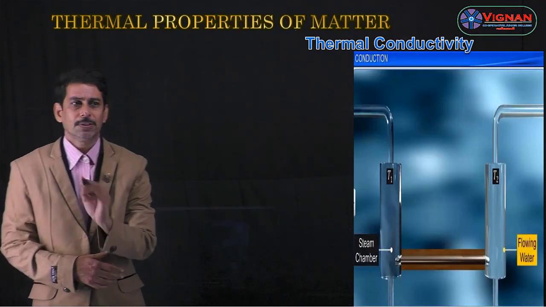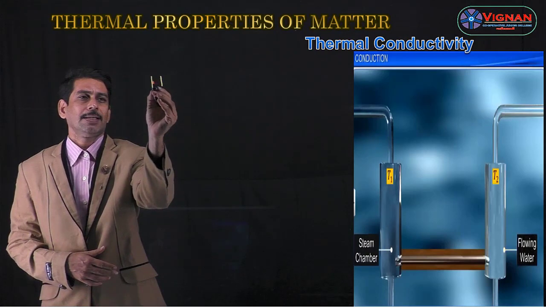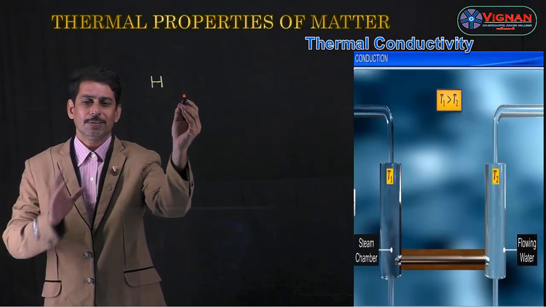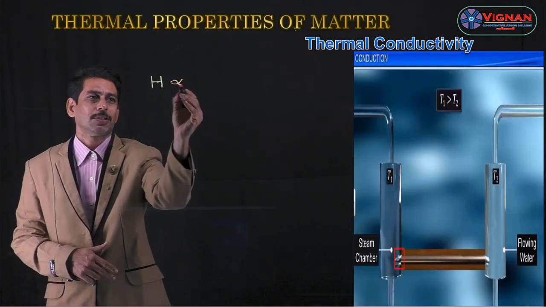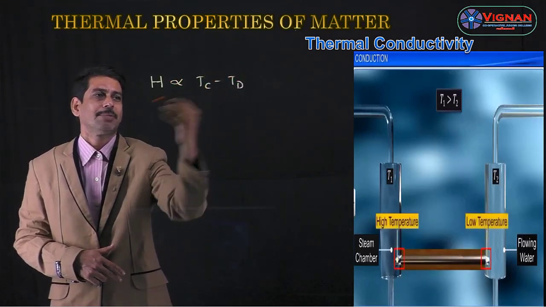It is found that the rate of flow of heat energy, that is H, the heat energy flowing per second, is directly proportional to the temperature difference between the two ends, that is Tc minus Td.